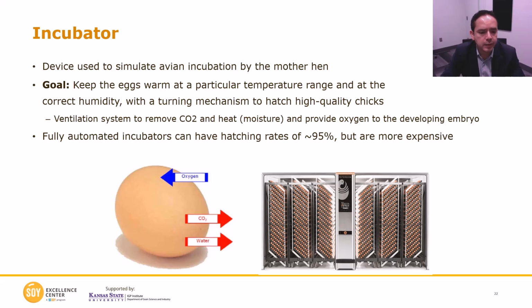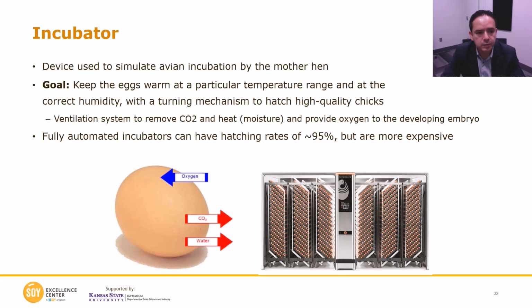So the definition of the incubator is a device used to simulate avian incubation by the mother hen. The goal of the incubator is to keep eggs warm at a particular temperature range and at the correct humidity that we will discuss later, with a turning mechanism to hatch high-quality chicks.